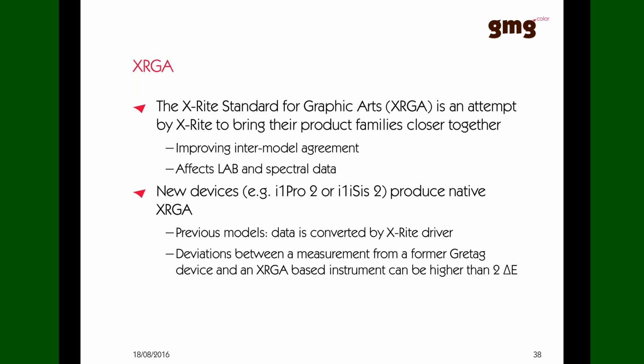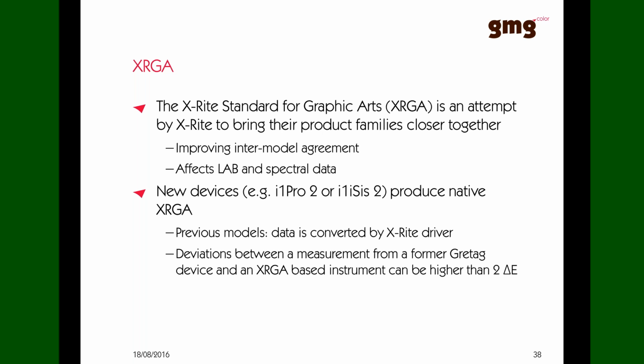But now with the merge, there was a slight difference between the calibration of the X-Rite devices and the Gretag Macbeth devices, so X-Rite wanted to make the measurements from the one series of devices and the other series comparable to one another. That's why they wanted to make the inter-model agreement that we talked about earlier better.